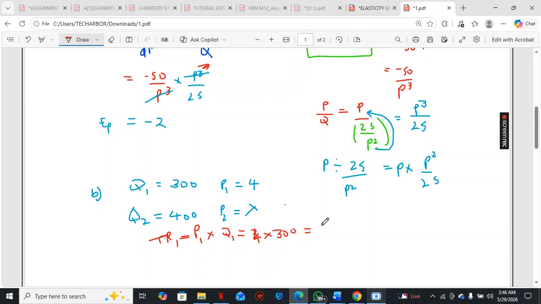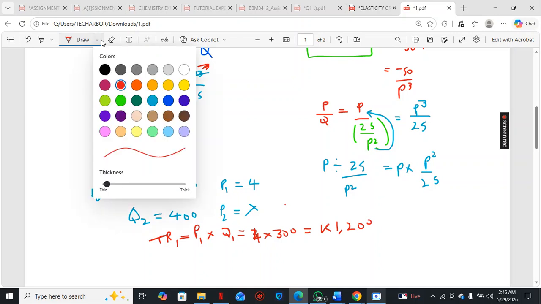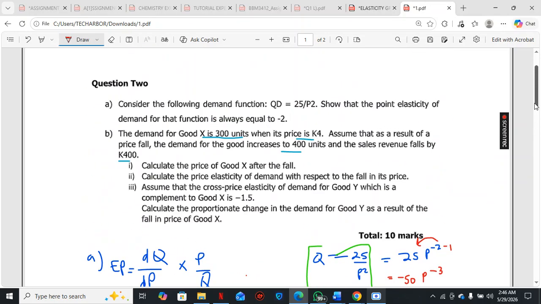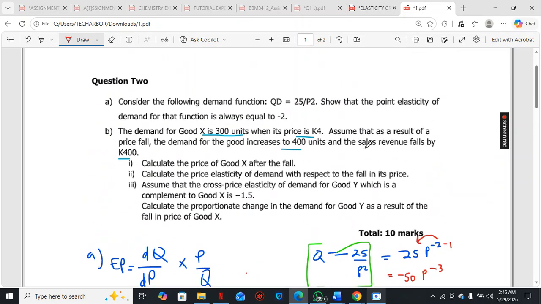Our total revenue is 1,200 kwacha. Then we've been told that this revenue drops by 400 kwacha. They've told us in the question here, sales revenue falls by 400 kwacha.